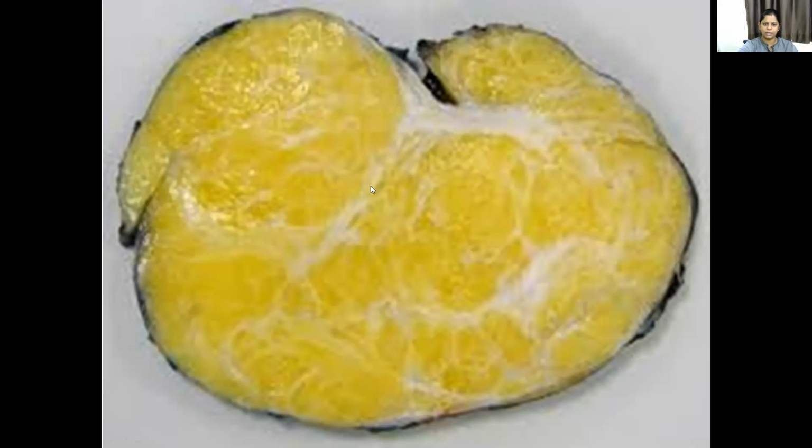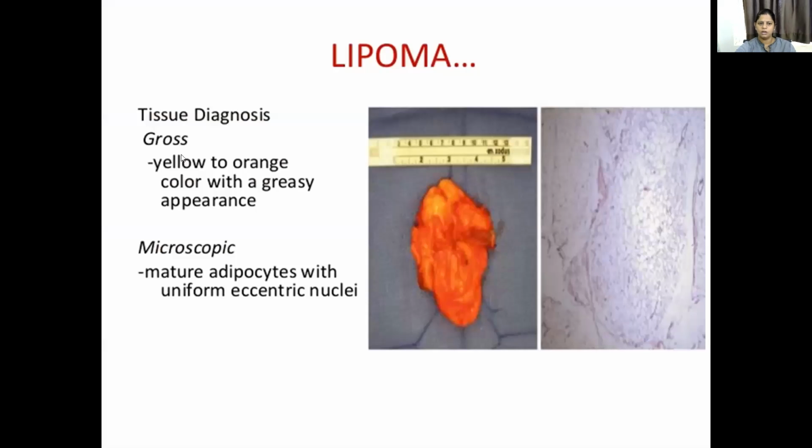So lipoma is a specimen that floats in formalin. It is a well encapsulated, yellowish, lobulated mass with a greasy touch, yellow to orange in appearance.